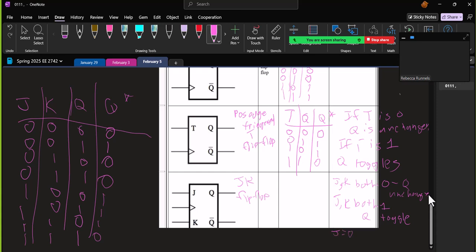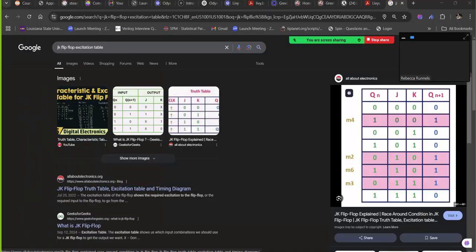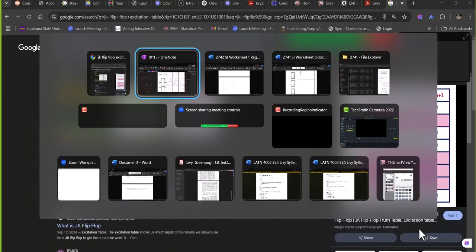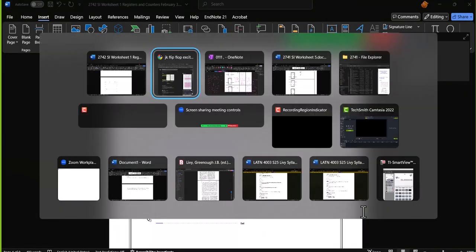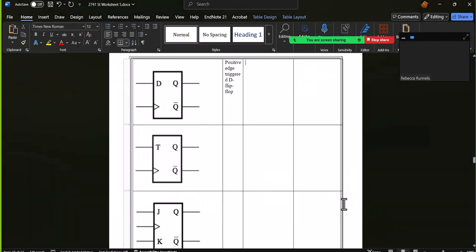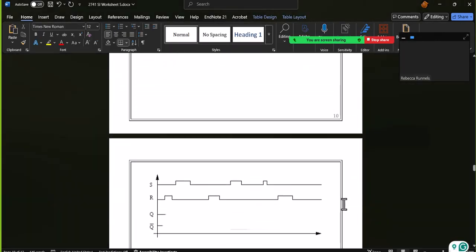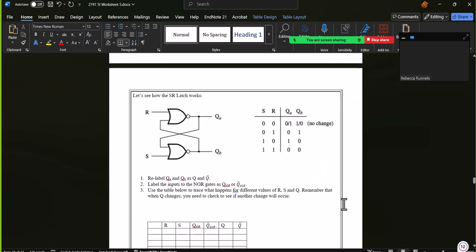J equal to 0, K equal to 1, Q becomes 0, and J equal to 1 and K equal to 0, Q becomes 1. So let's do a quick example with one flip-flop. Right here.